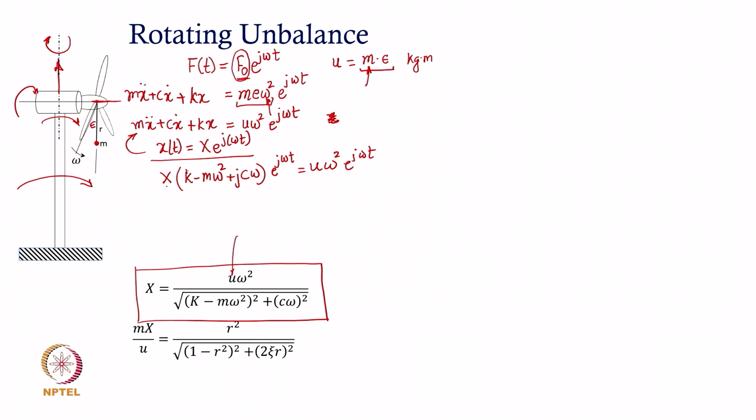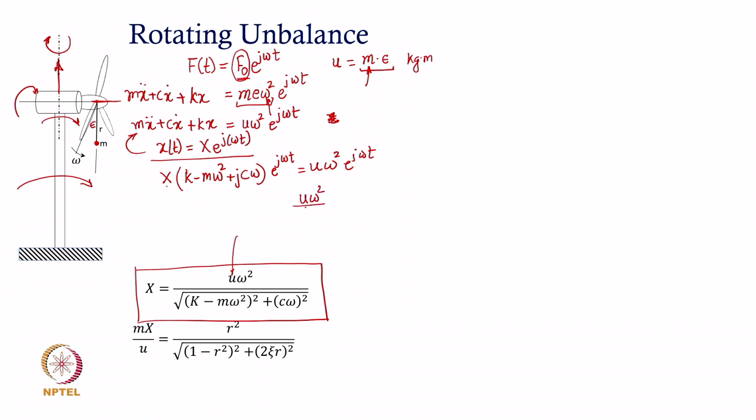Now, what we shall do is we can take this k out of this particular expression and take it in the numerator, and it is possible to write this numerator as u omega square.